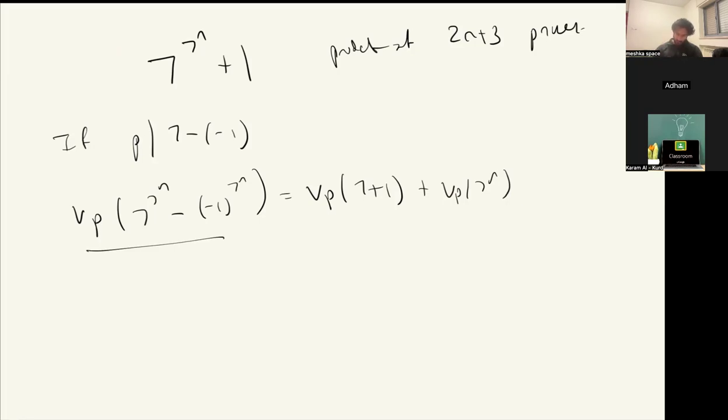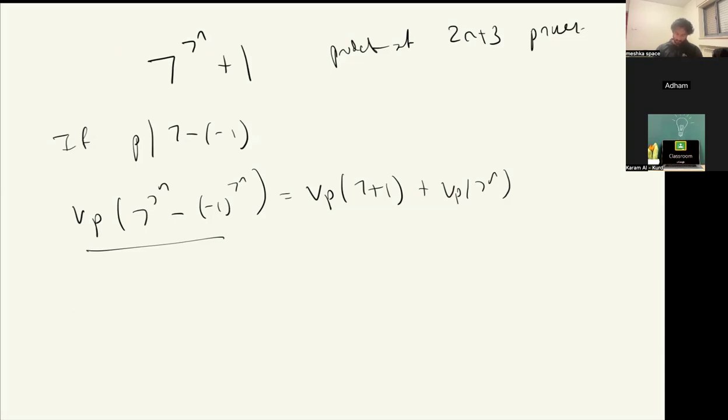What's the idea? Since 7 to the n is an odd power, we can use the formula x plus y multiplied by x to the n minus 1 minus x to the n minus 2, and so on.